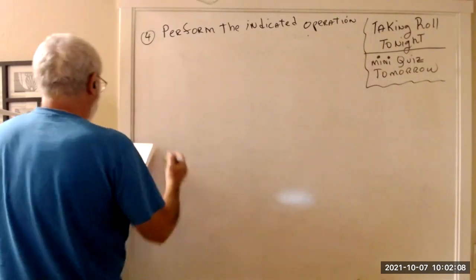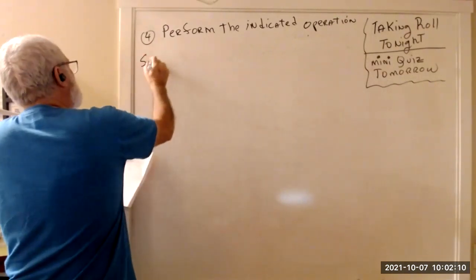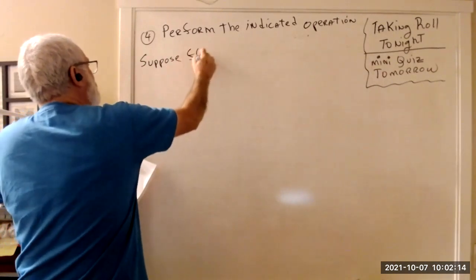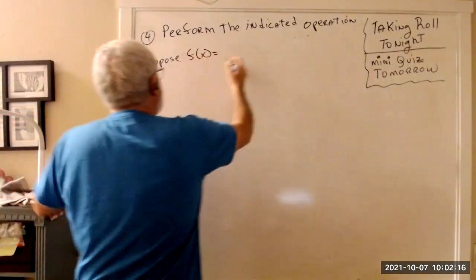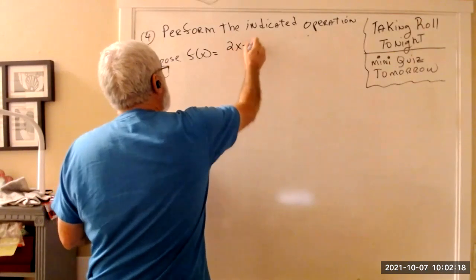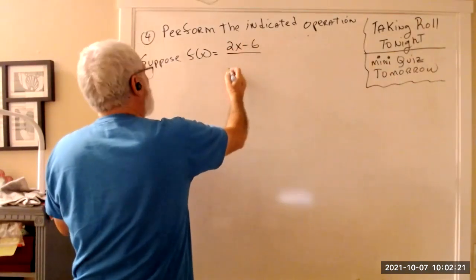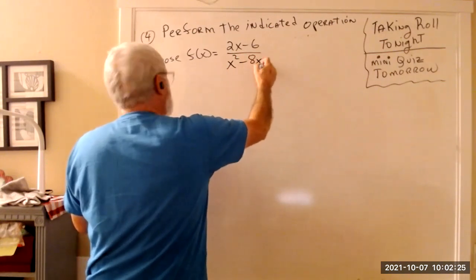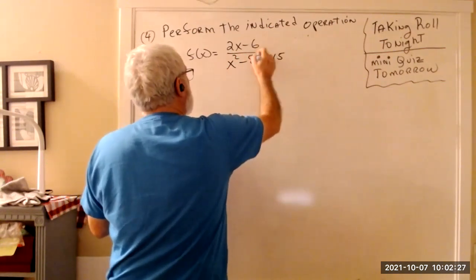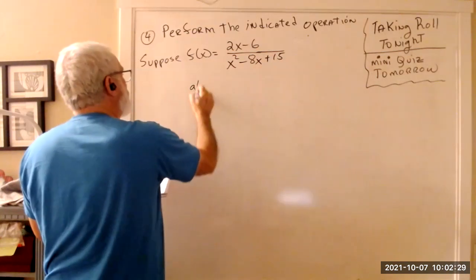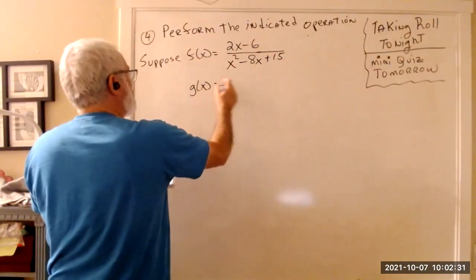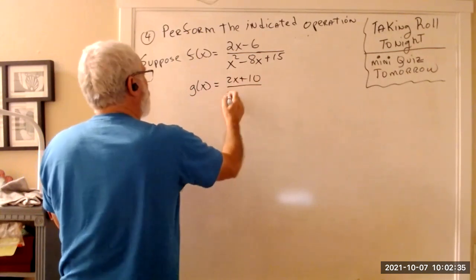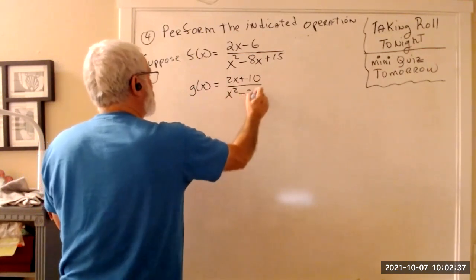So on number 4, suppose f of x is equal to 2x minus 6 over x squared minus 8x plus 15, and g of x is 2x plus 10 over x squared minus 25.